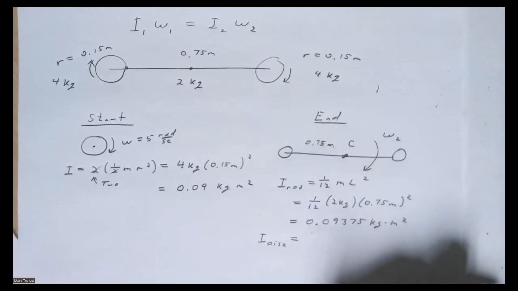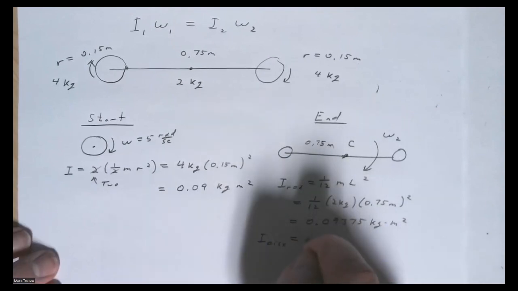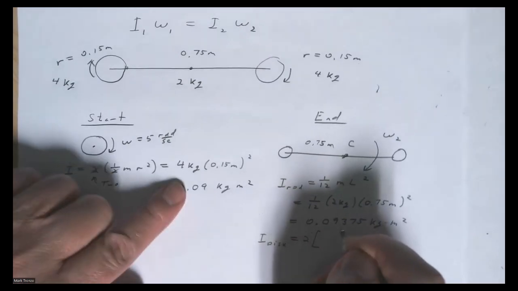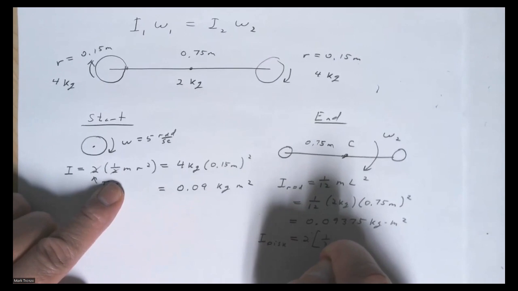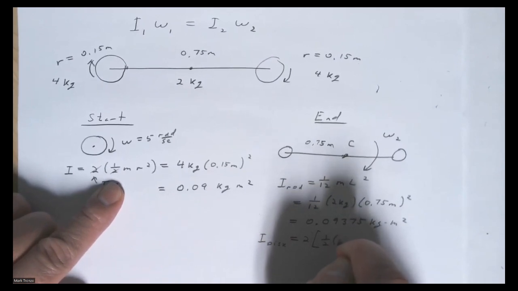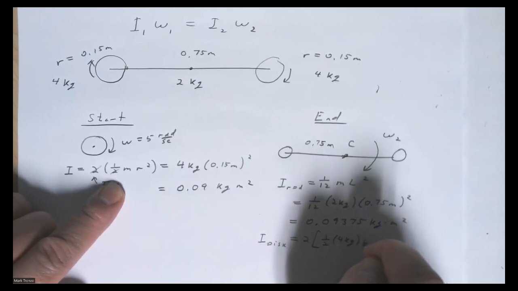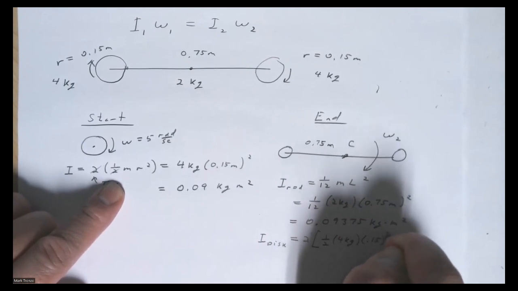So we should go through this carefully. For the mass moment of the disk, it's going to be 1/2 times 4 kilograms times r squared, which is 0.15 squared.